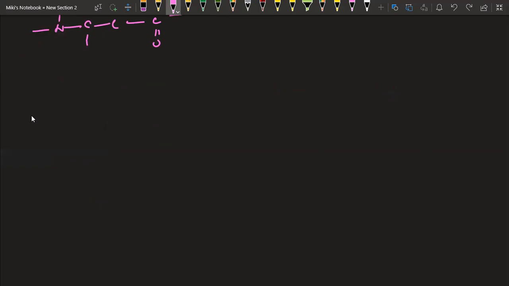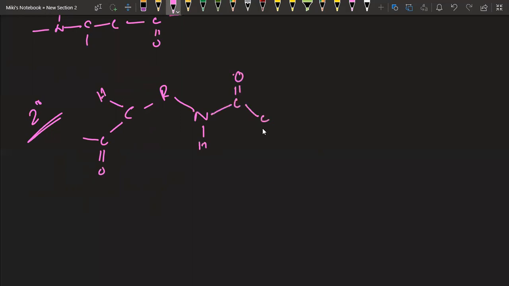So for the second degree, let's say our structure is given: carbon, hydrogen, R. This is the peptide linkage. Say this is our peptide part. Okay, and here we have, let's say, N. This is the hydrogen. It follows a certain structure.